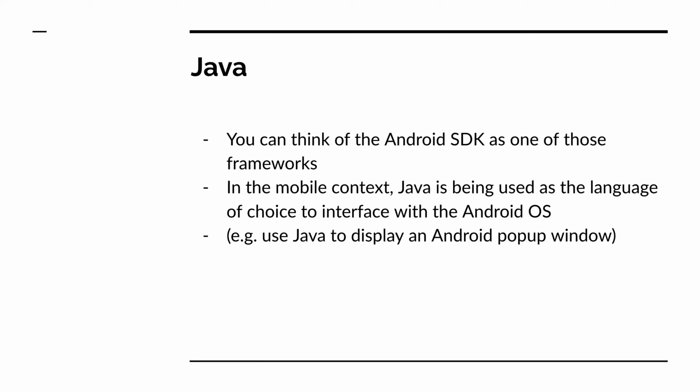A quick example of that would be you could use Java to write a call into the OS to say, hey, I want to show an Android style pop up window, which I'm sure you've seen in different apps that you've used. Or, hey, I want to draw a slider that looks like an Android slider. All of those different function calls are part of the Android OS, and the way that you're accessing that is through the SDK with Java.